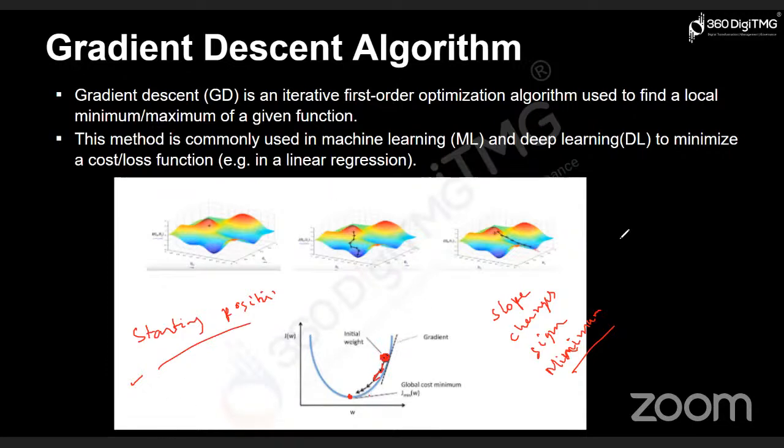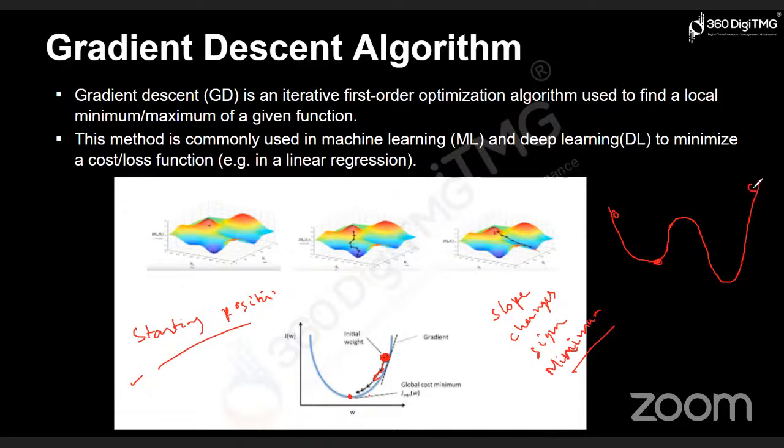Suppose we have a function curve like this. If we start out here, we will find this as the minimum value.